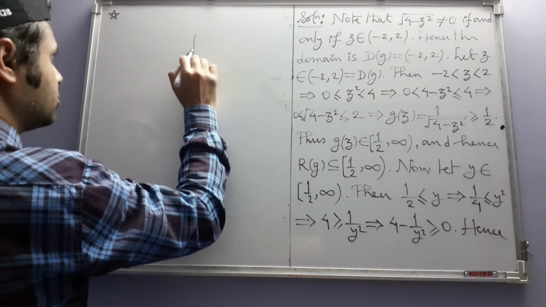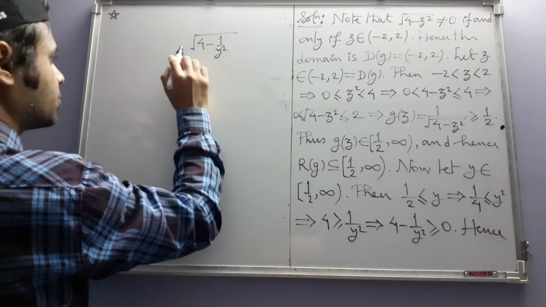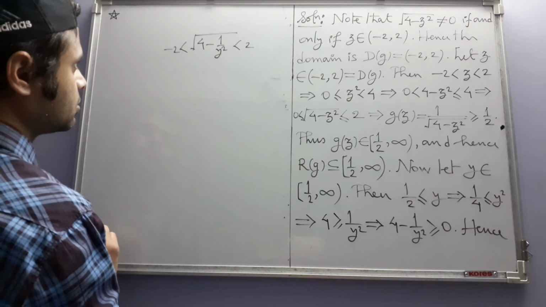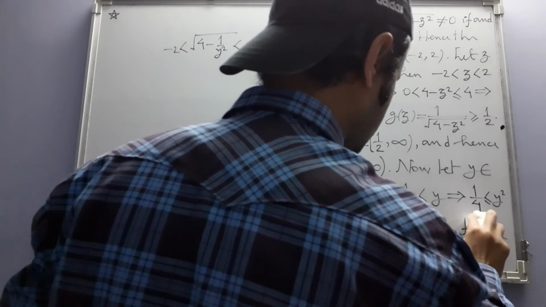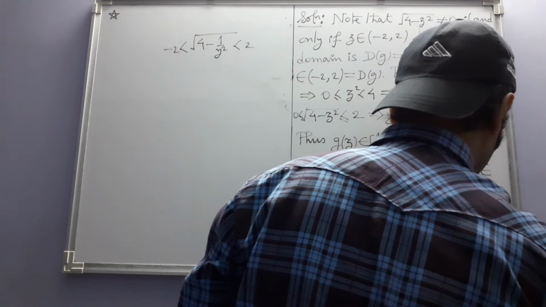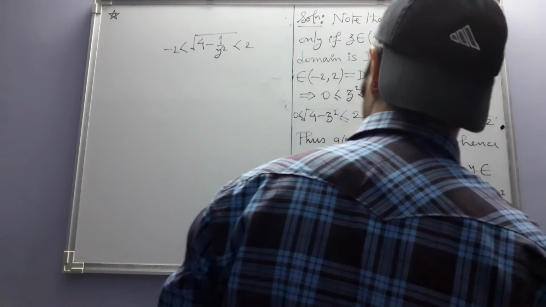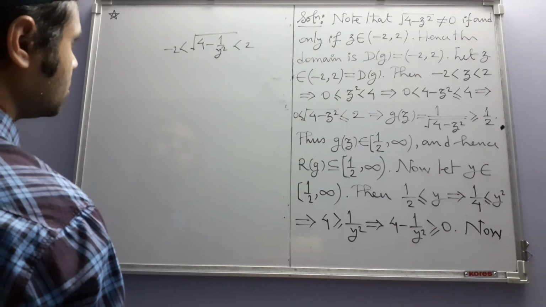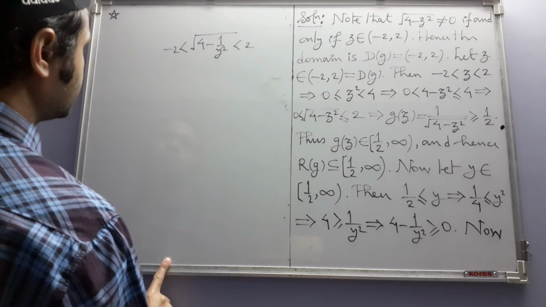For that, what should I show? We need to show this. Oh, this is not a very big problem. So we cannot directly write hence. Okay, let me first gather the pieces. What do I need for all of this?